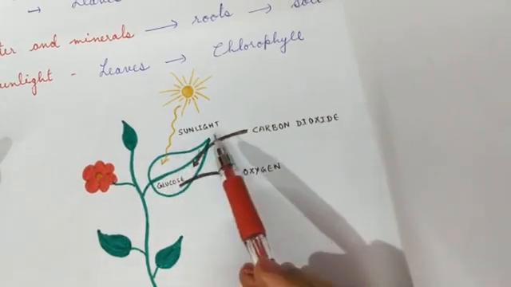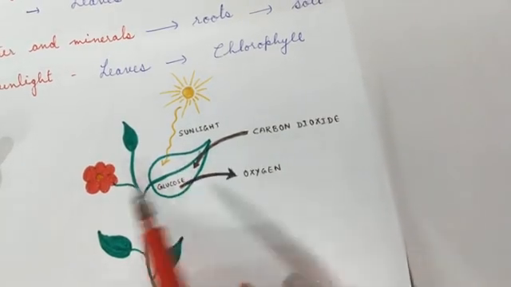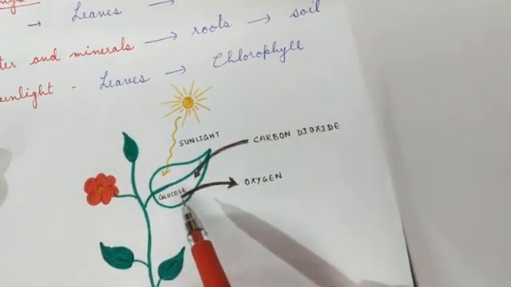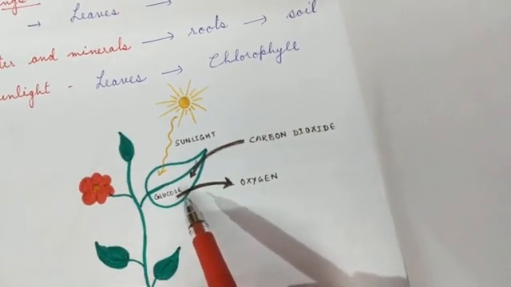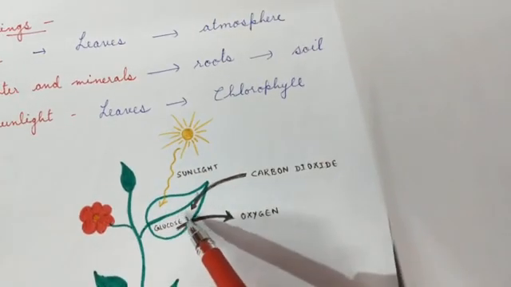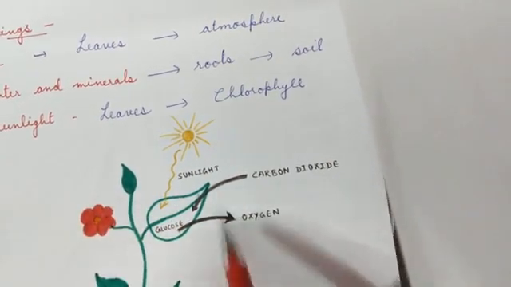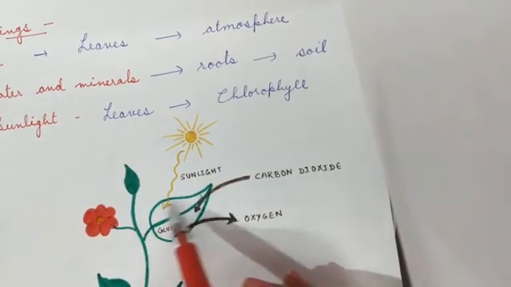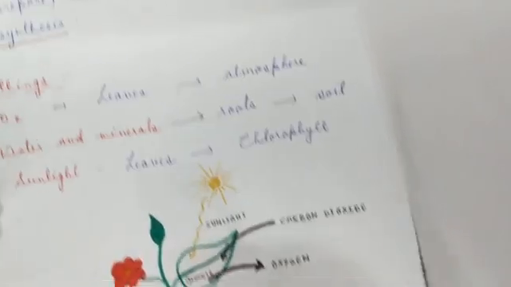And that is why these leaves are known as the kitchen of the plants. You also have a kitchen in your house, where your mom cooks food. In the same way, plants also have a kitchen where they cook their own food, and this is the leaf.